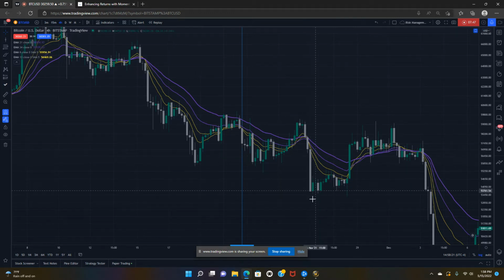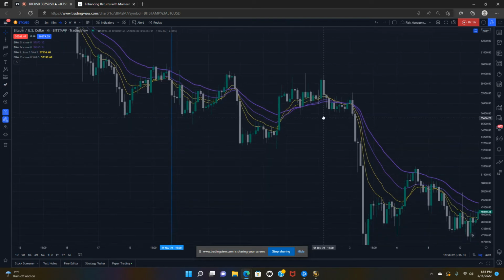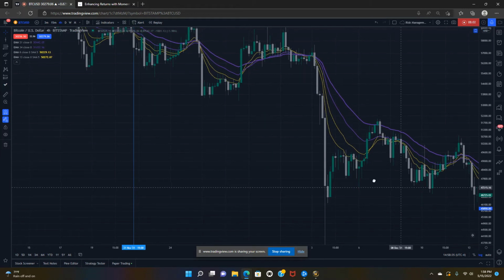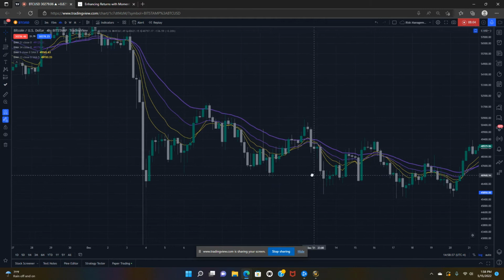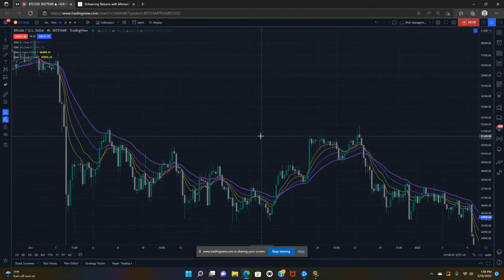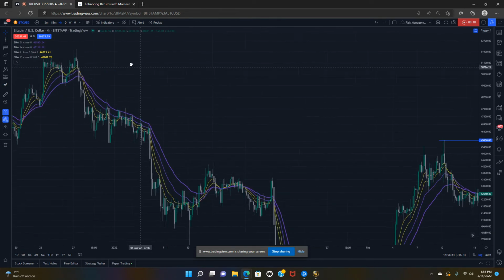So maybe you enter here, didn't give you a huge move, but it did give you the opportunity to take profits below here. And then it crosses again down in line with the daily, and that really gives you a nice move. And you can see every time here, basically you get a lot of good plays.